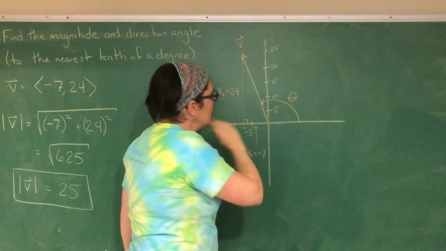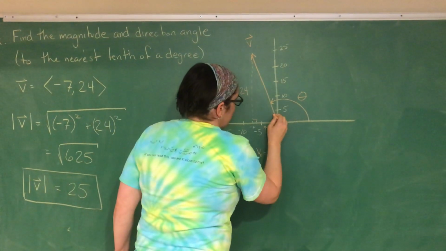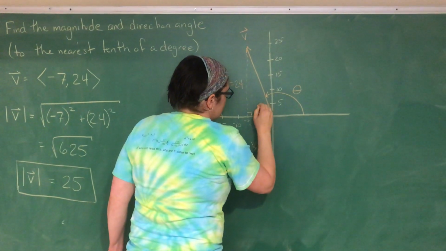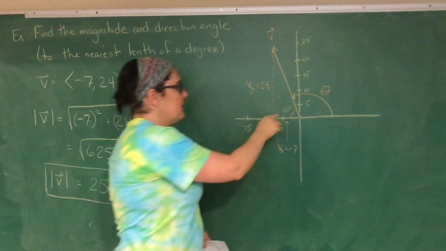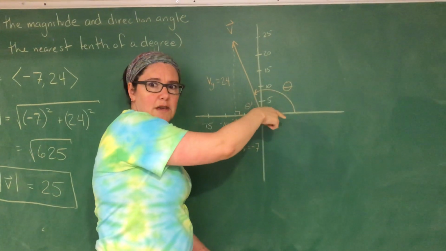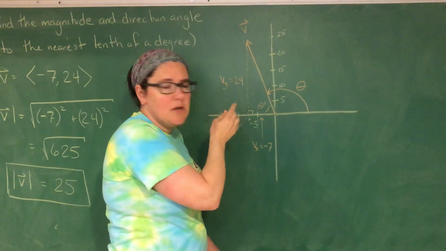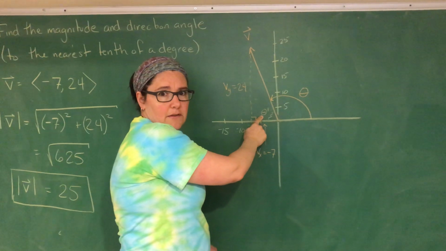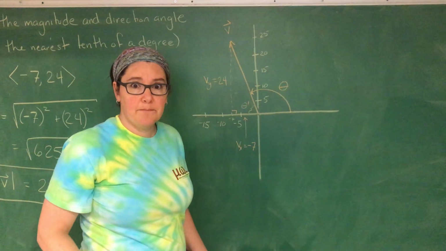In my opinion, it makes a lot more sense to find the reference angle, which I'll call theta prime. If we find that angle, then the angle we care about is 180 take away the reference angle. So we're going to focus on finding the reference angle, and from there we can figure out what our main angle is going to be.